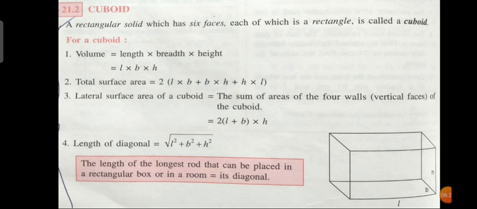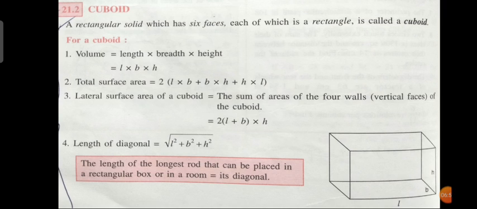Okay, cuboid is a rectangular solid, and it has six faces. Look at that figure, it is given. All the surfaces are in rectangle shape.